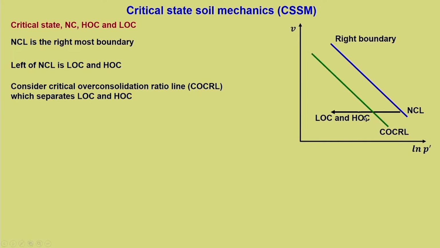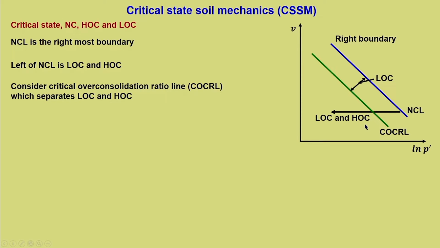Now, let us understand the critical over consolidation ratio line, COCRL, to be a line which is parallel to the NCL, because then the ratio will be the same. This line also has a slope of lambda. What it means is that this particular line is the line between the lightly over consolidated state and the heavily over consolidated state.